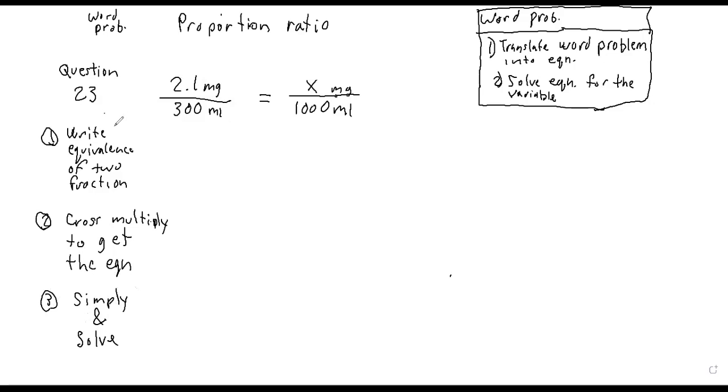So let's go ahead. We did the first step already. We wrote the equivalence of two fractions based on the information they gave us in the word problem. Now we're going to cross multiply to get the equation.